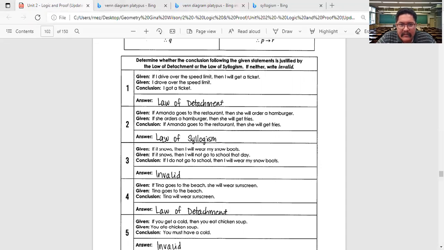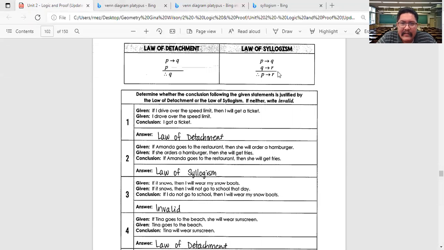So with this one, it would be law of syllogism, because we have one thing that leads to a second thing, and the second thing leads to a third thing. And sometimes, I'm like that too. Sometimes I go to a restaurant and I'm like, well, I'm going to try something new. Then I'm looking at the menu and I'm like, man, my regular food, the thing I usually get, sounds really good right now. I'm just going to go with my usual. So that's probably what's going on with this one here.